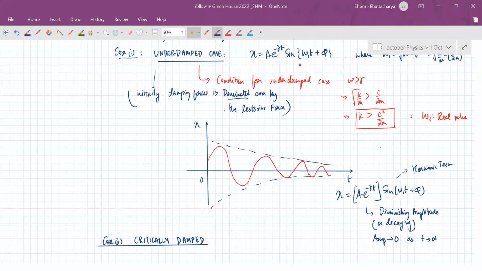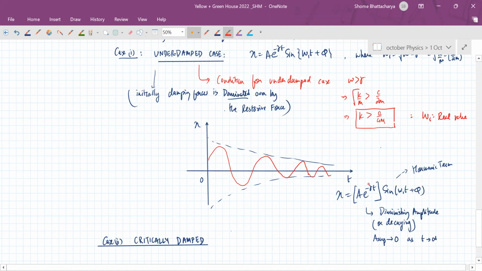Just a second, I'll verify that value. Yeah, that's correct. Just make a correction here, people. This should be K is greater than c square by 4m. This will be the condition.